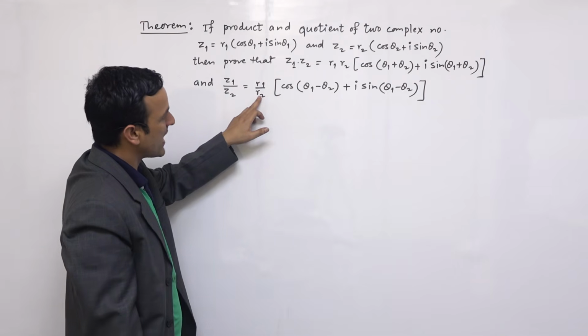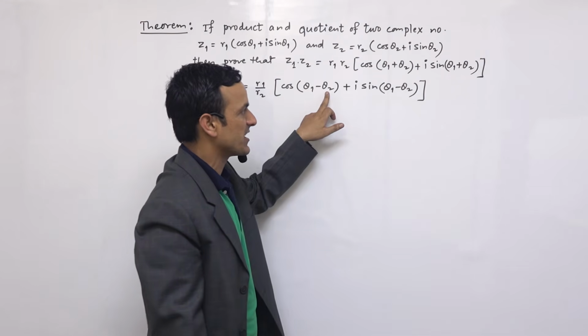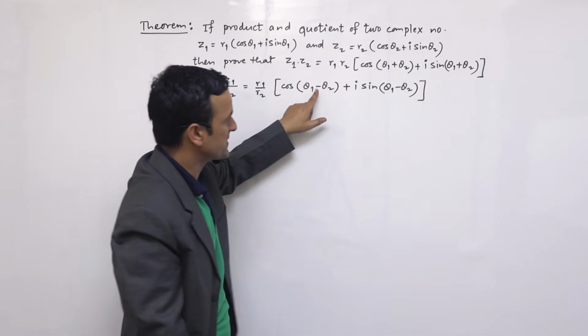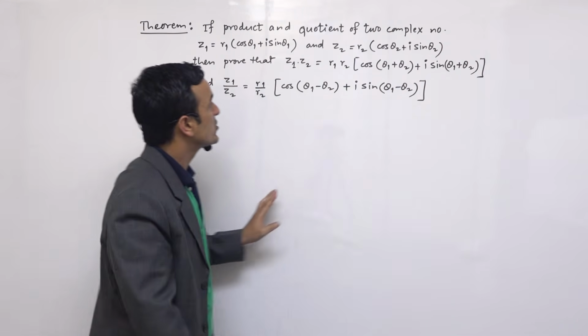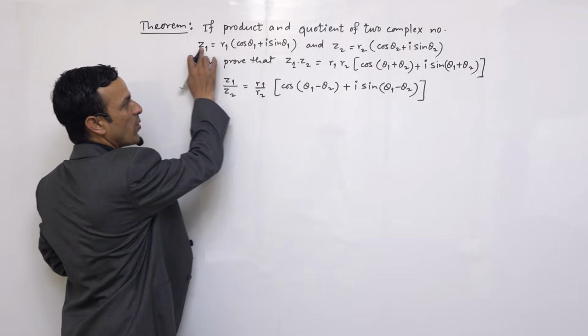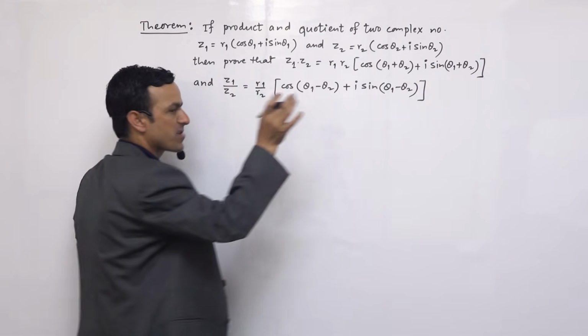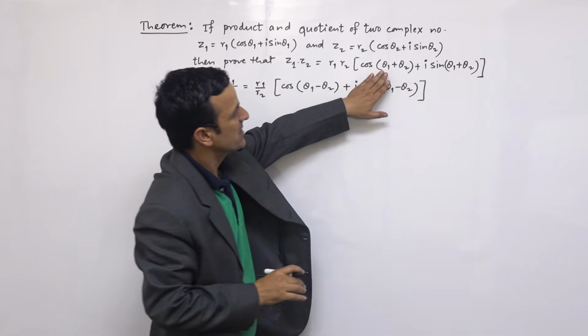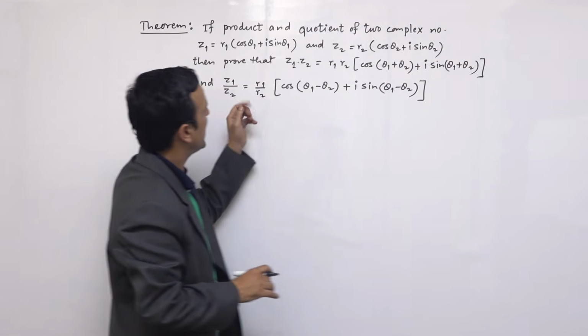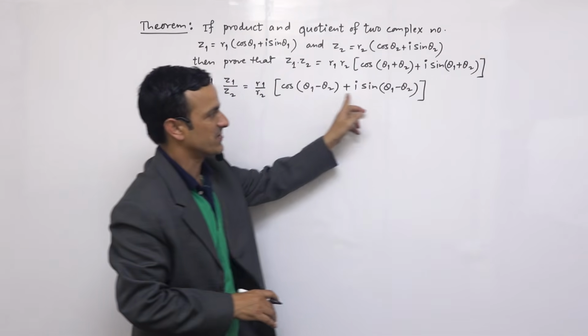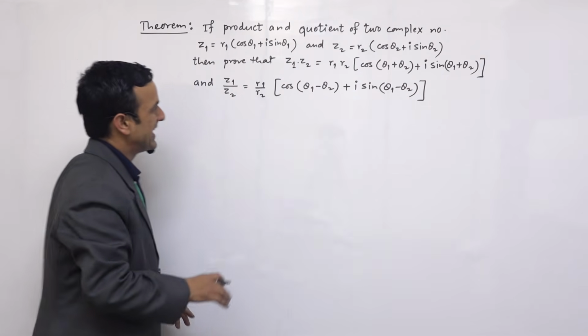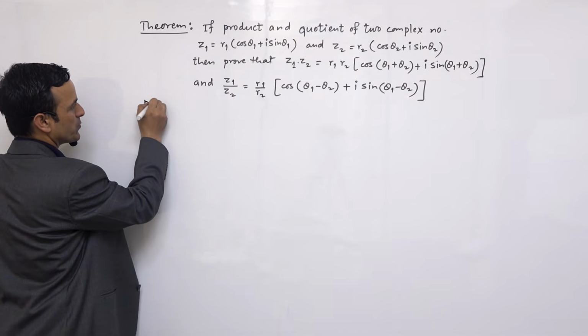So r1 by r2 cos theta 1 minus theta 2, here is plus, here is minus, plus i sin theta 1 minus theta 2. So we have given z1 and z2. So from this product we can show this relation, and by dividing z1 by z2 we can show this relation. So let's see this theorem, its proof.